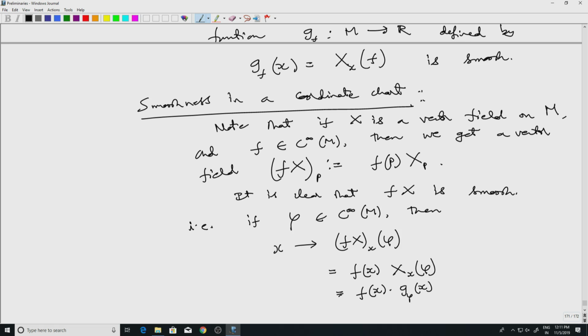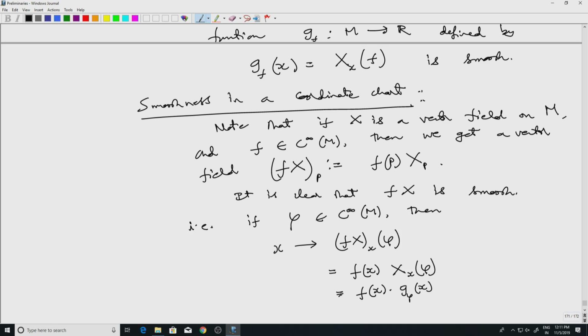So in other words, if I start with any phi, the new function whose smoothness I am concerned about is just the product of this fixed function f and this function g_phi, which I know is smooth because X itself is smooth.